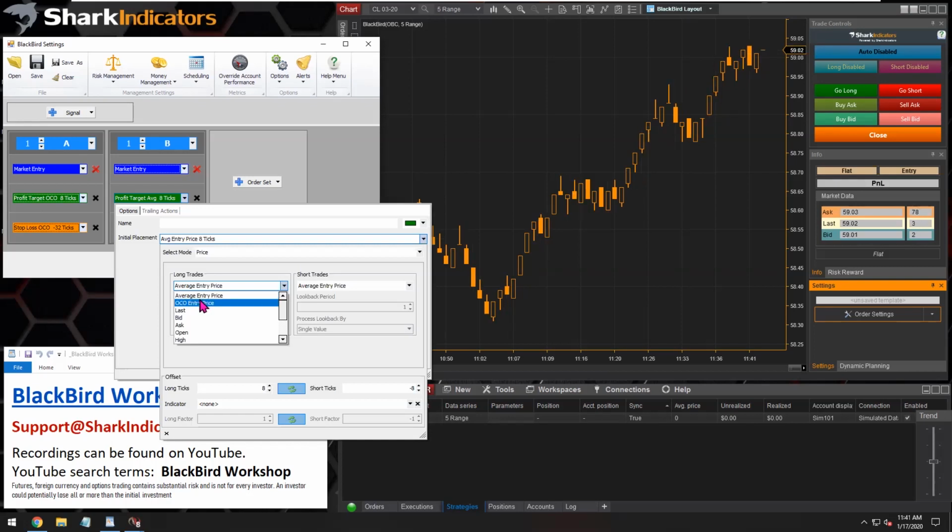Basically, this averaged entry price will show you the entry price that NinjaTrader's chart trader shows you. So if you scale into a position, Ninja's chart trader will show you that average entry price flag. So that's what this one is.